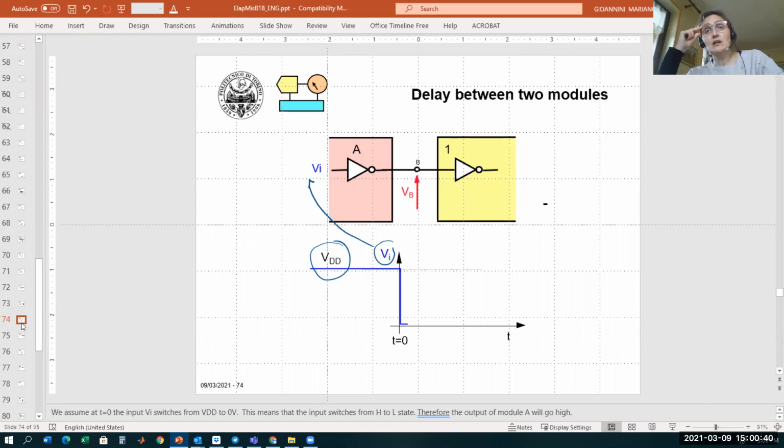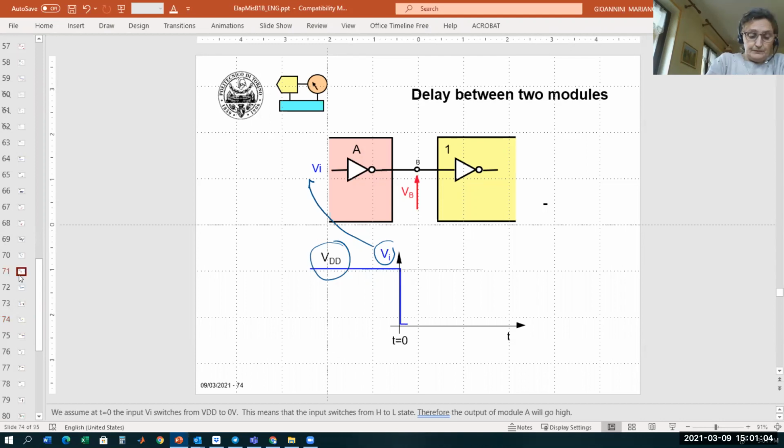So there's a question, can you explain why these capacitances are bad for us? They are bad because they are the cause of the delay. I will show you now that these capacitances are bad because they cause the delay in the circuit.